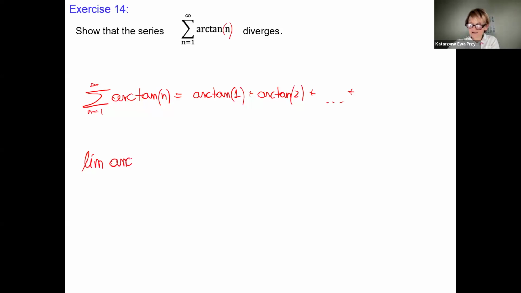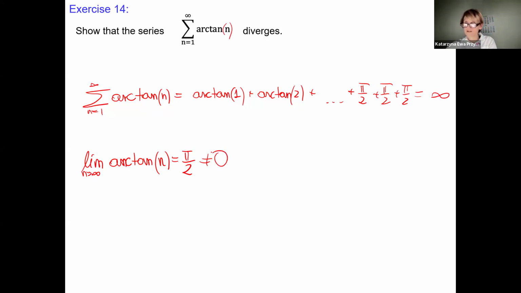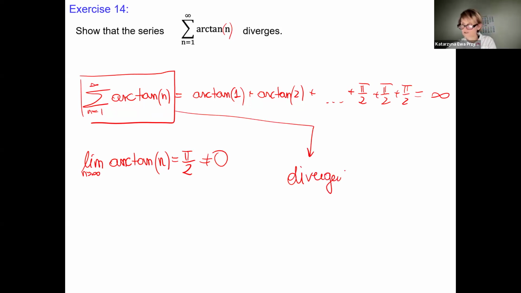Actually, arctan of n at infinity. Yes, we have to think that we will keep adding pi over 2, almost pi over 2. Of course, this is infinity, different than 0. Yes, this is divergent by the test for divergence.